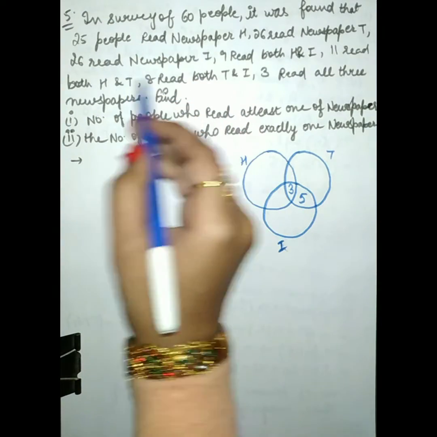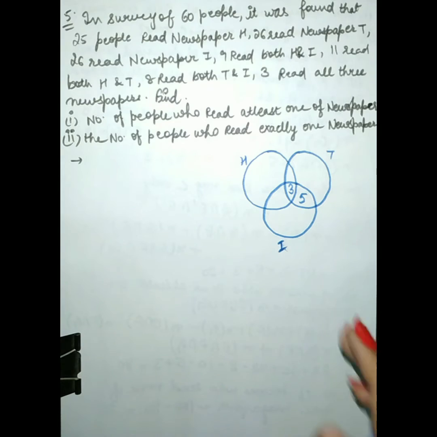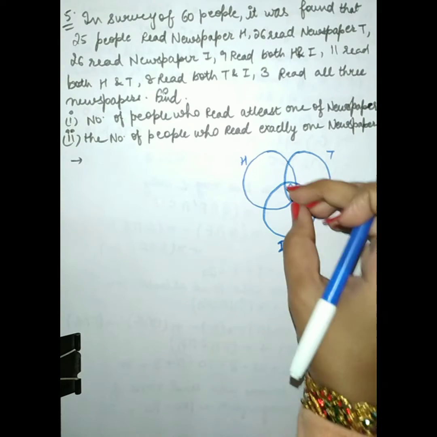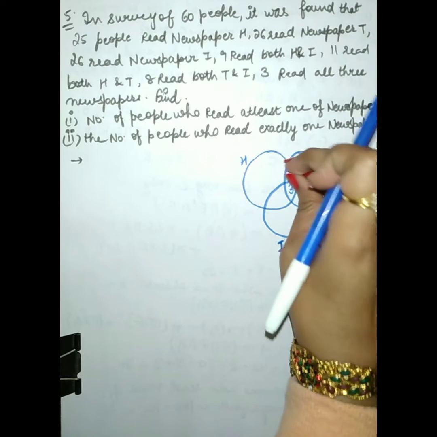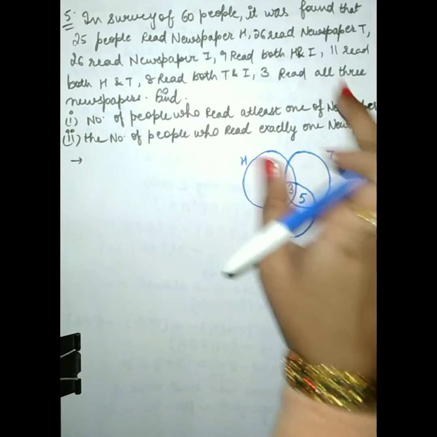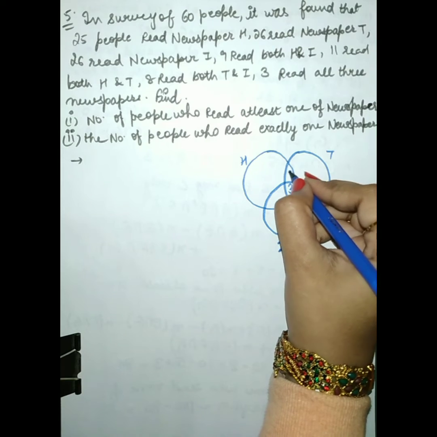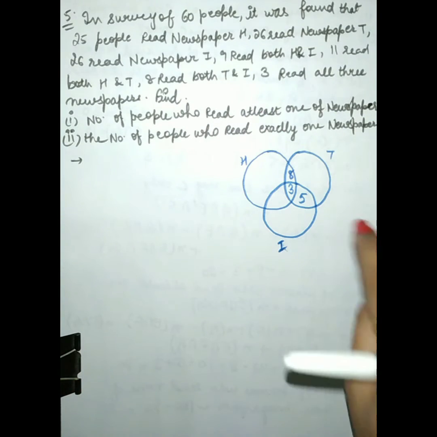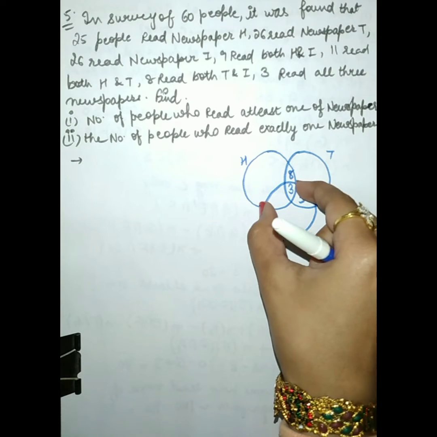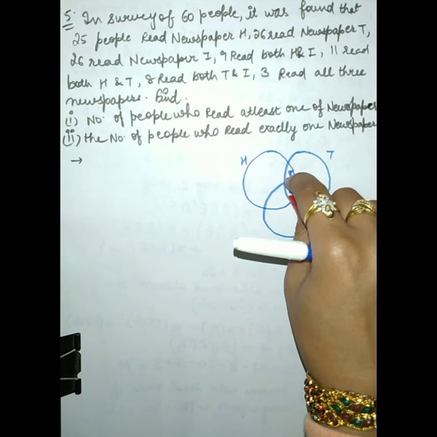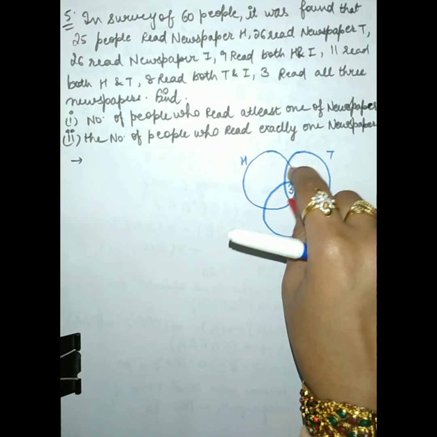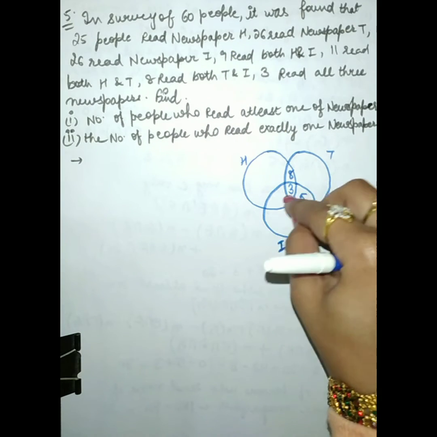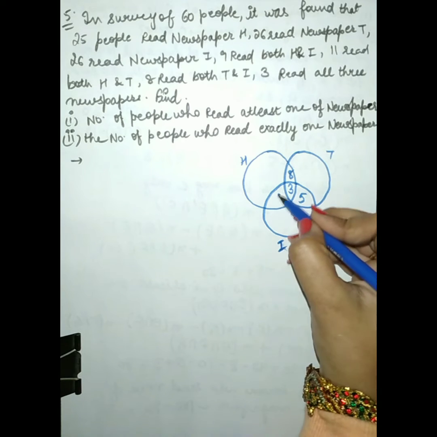And we are given that 11 read both H and T. This is the common portion between H and T, but this is 3 and here we are left with 11 minus 3, that means 8. Next we are given that 9 read both H and I. This is the common portion between H and I, but this portion is 3, so we are left with 6 here.